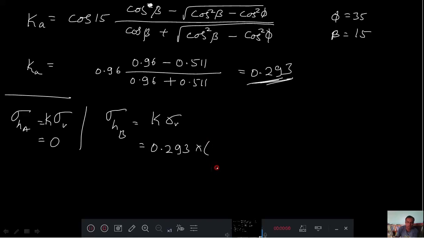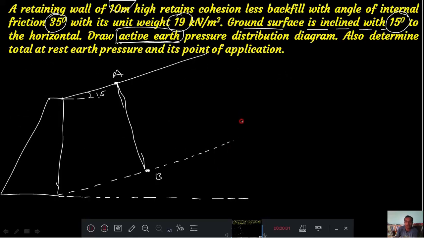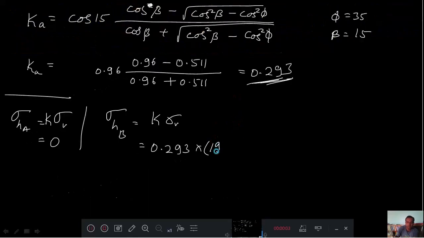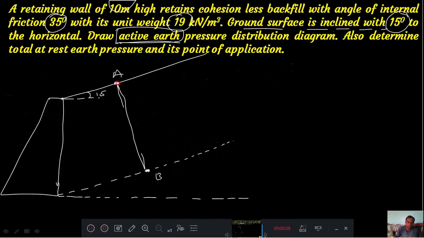Here gamma is given, 19, and the height is given, 10 meter. So 0.293 into 19 into 10 is 55.67 kilonewton per meter square. Okay. Then you get the distribution diagram this way.